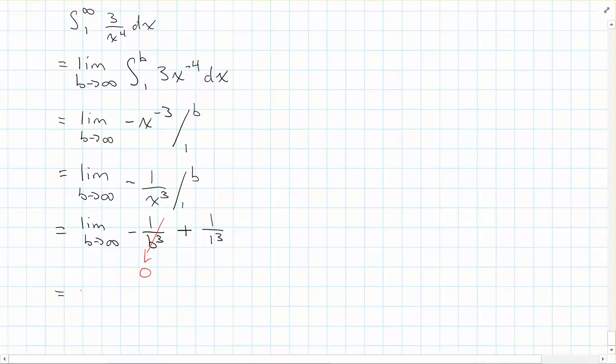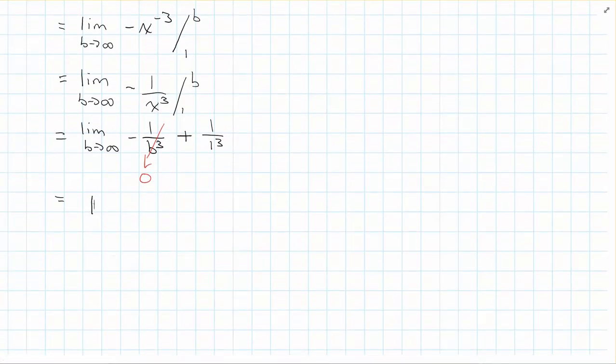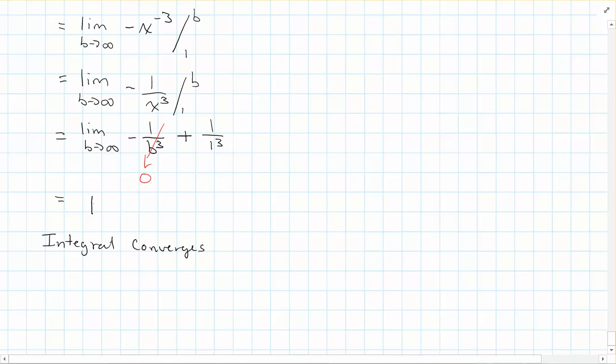So this is just equal to 1. So the integral converges. So the series from k equals 1 to infinity of 3 over k to the 4th converges.